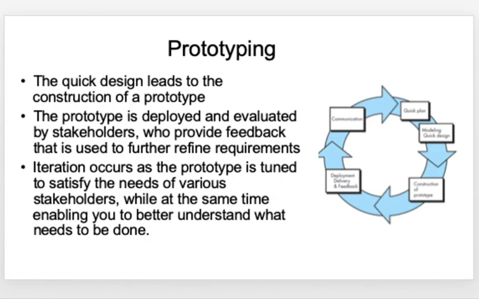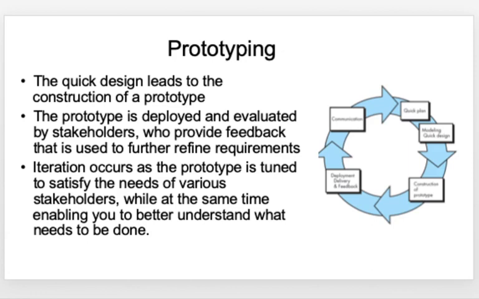The prototype is basically divided into two categories. One is called the throwaway prototype. The second one is called an evolutionary prototype. In a throwaway prototype, once you develop the prototype, evaluate it, and get feedback, you discard the prototype.